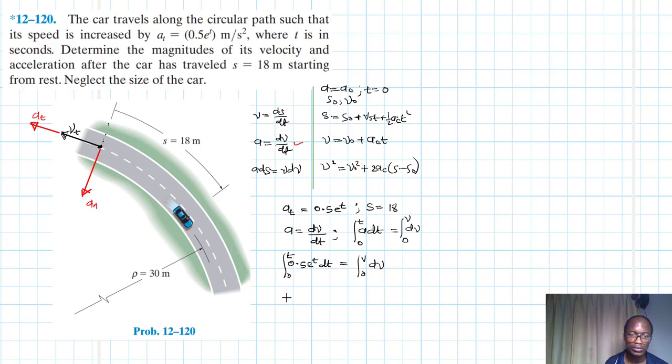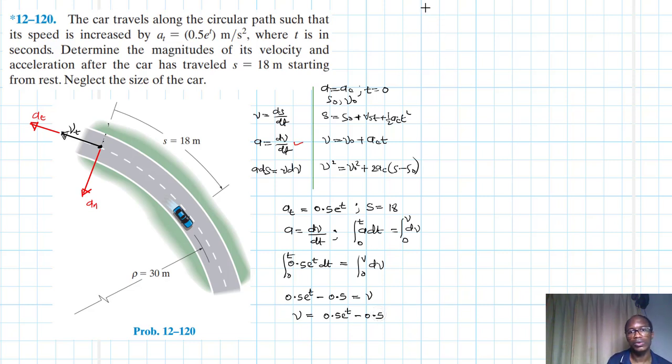So this just becomes 0.5 e to the power t minus 0.5, equal to v. Therefore, our v is just going to be equal to 0.5 e to the t minus 0.5.